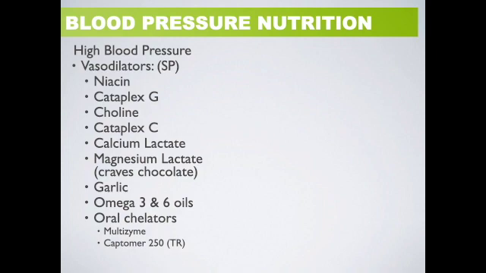Remember Cataplex G, and of course in the Biotics line, the GGGB or triple GB B vitamin complex are going to promote more relaxation. Magnesium is very important. Of course, the omega-3s and 6s are very good at keeping the blood viscosity the right thickness.